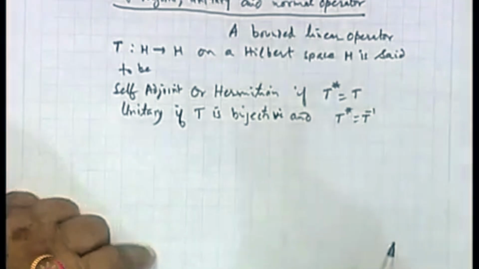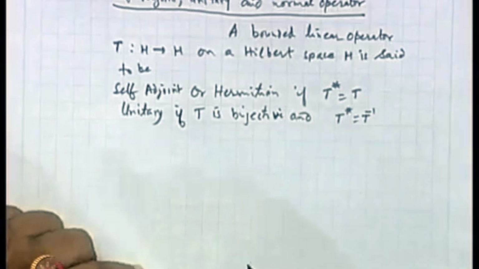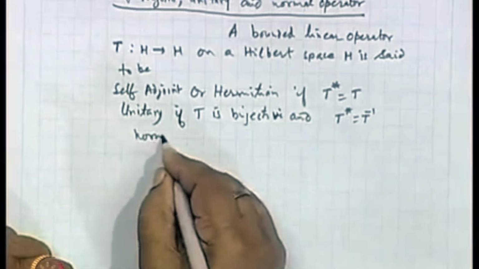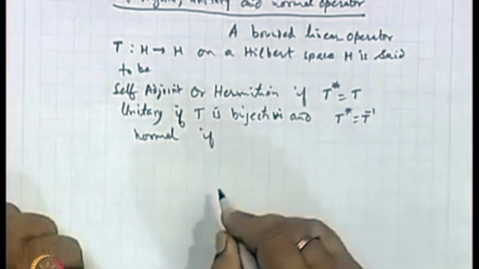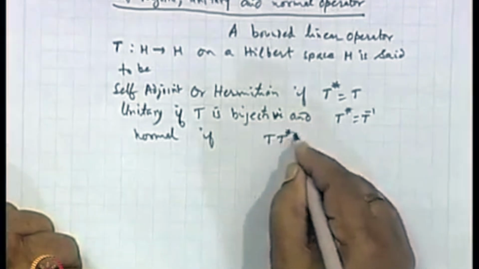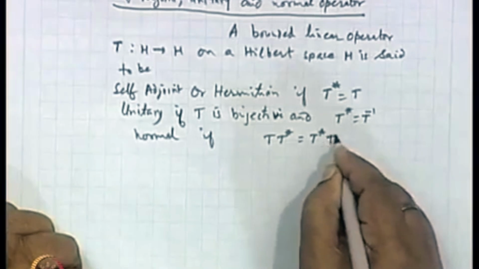So when T is one-one and onto, the inverse exists. And normal, if T T star equals T star T.